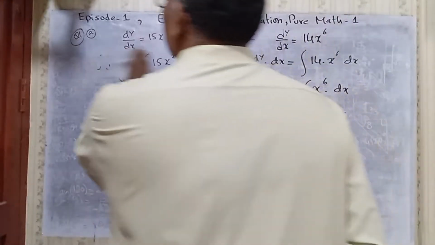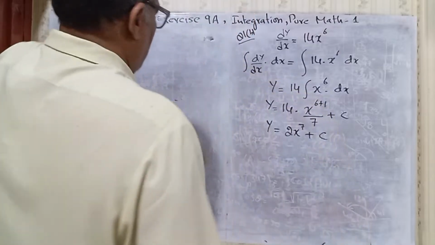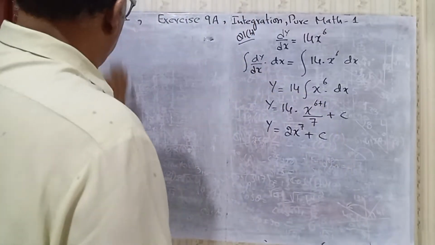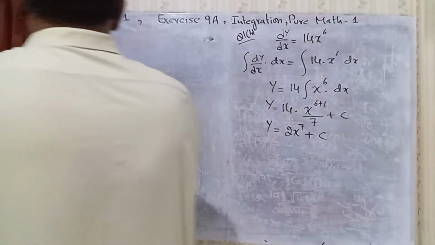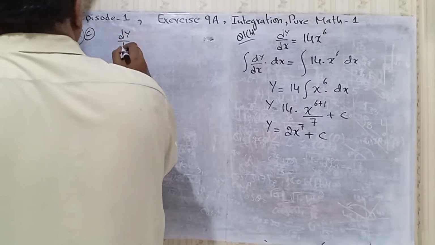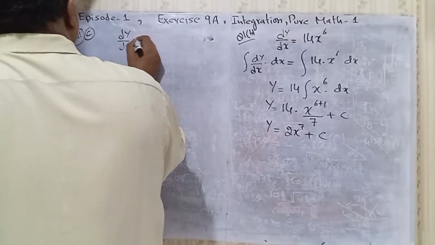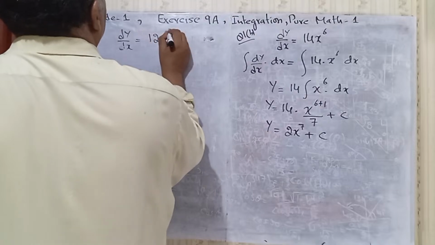Now we will do question number 1, part C. In the C part, dy by dx is equal to 12x cubed.